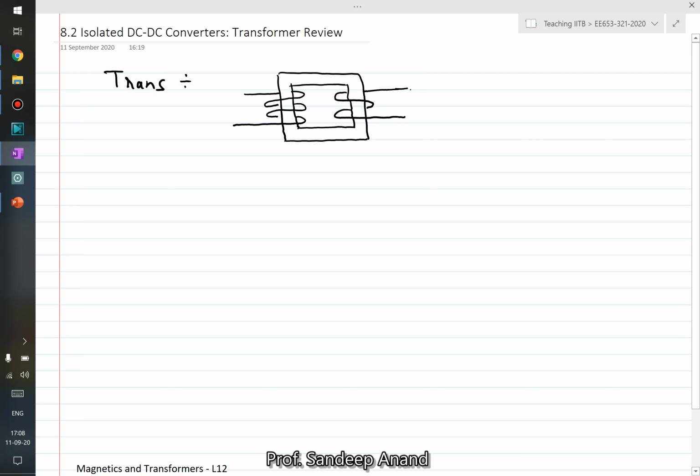So let's say this is the primary coil, this is the secondary coil. And one of the things about a transformer is we understand how to use the dot convention.